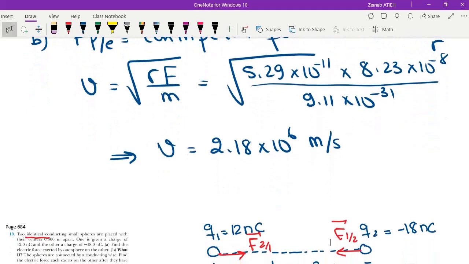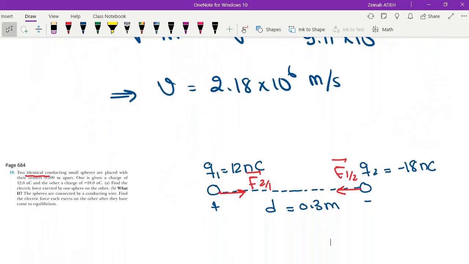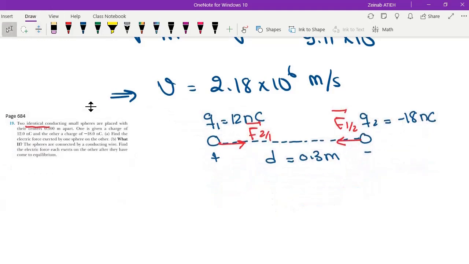I will move now to the second one, which is problem 19. Okay, so problem 19 says two identical conducting small spheres are placed with their centers 0.3 meter apart. One is given a charge of 12 nanocoulomb and the other a charge of minus 18 nanocoulomb.